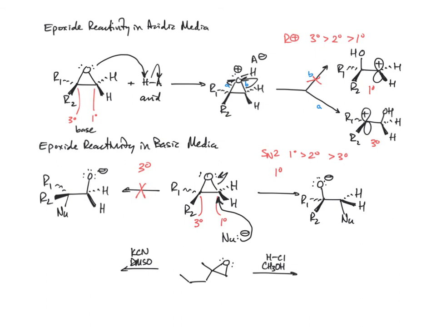So if we do our analysis, we can see that this carbon here is primary. That carbon there is tertiary if we're classifying according to alcohols. So under the acidic conditions, we're going to cleave this bond because it creates a tertiary carbocation. That then allows the solvent to attack that position. Then after a proton transfer, we're going to end up with the following.